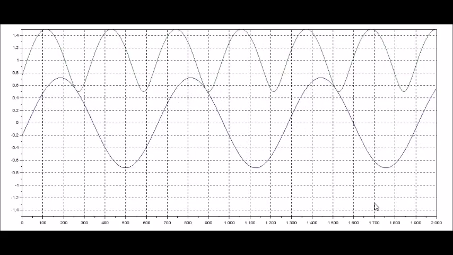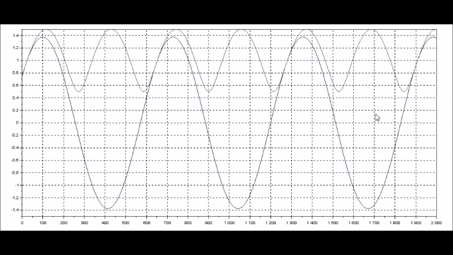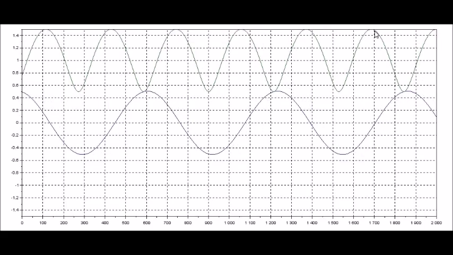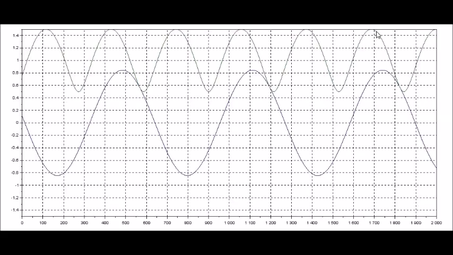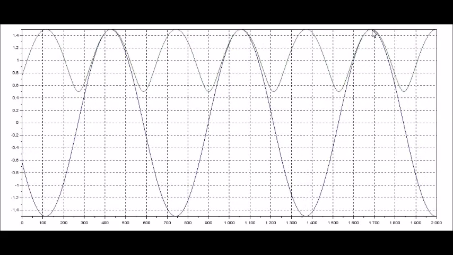Let us take a look. If you concentrate on this vertical grid line at 1700, you can see that the green amplitude plot has almost the maximum amplitude here.